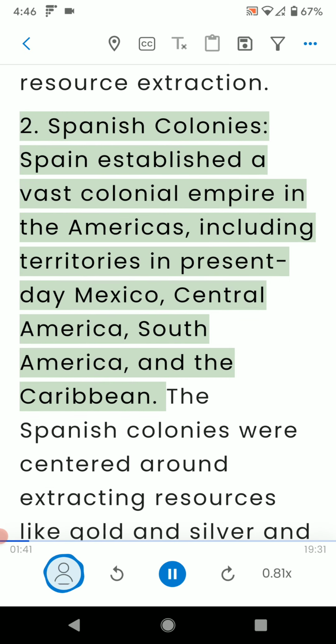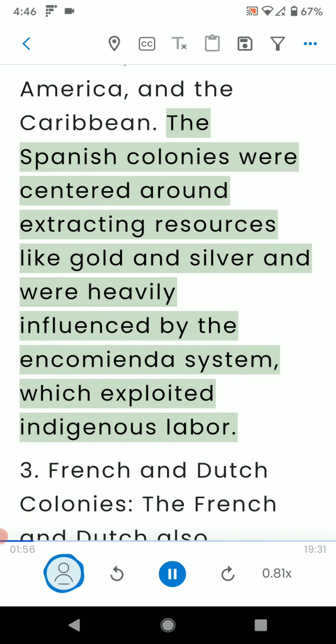Spanish colonies. Spain established a vast colonial empire in the Americas, including territories in present-day Mexico, Central America, South America, and the Caribbean. The Spanish colonies were centered around extracting resources like gold and silver and were heavily influenced by the encomienda system, which exploited indigenous labor.